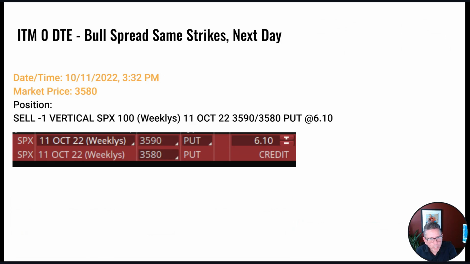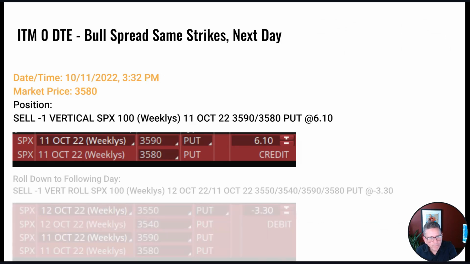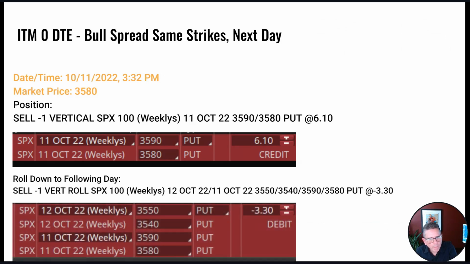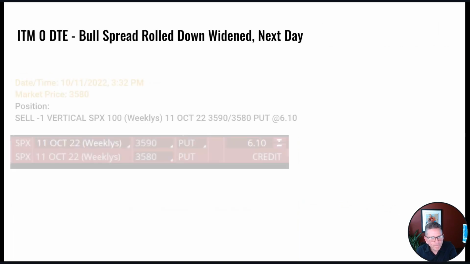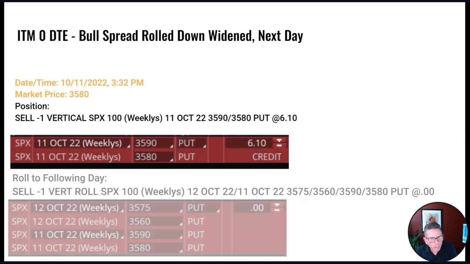Okay, bull spread, same strikes next day, and threatened again. And here on the put side, you pay $3.30 on this guy. So very expensive to roll.